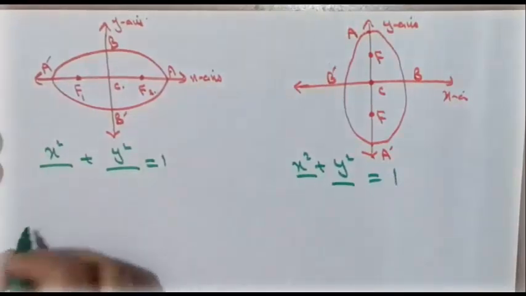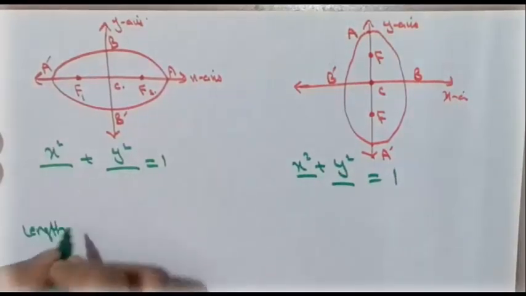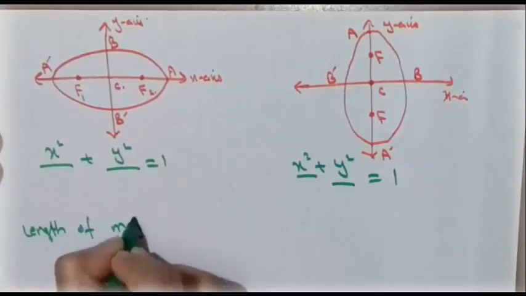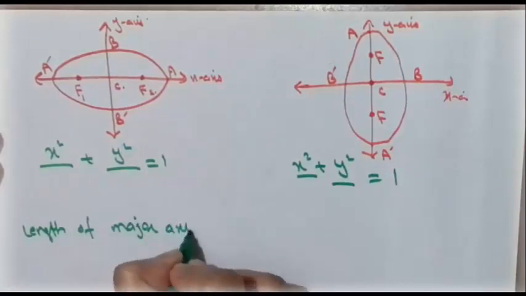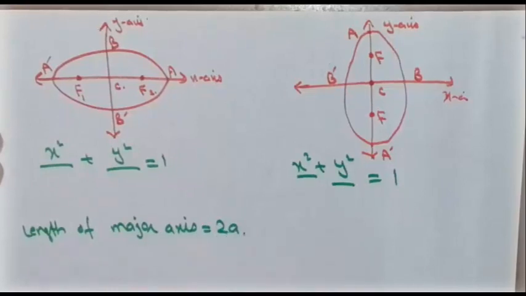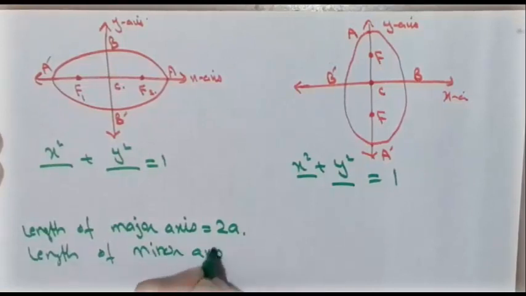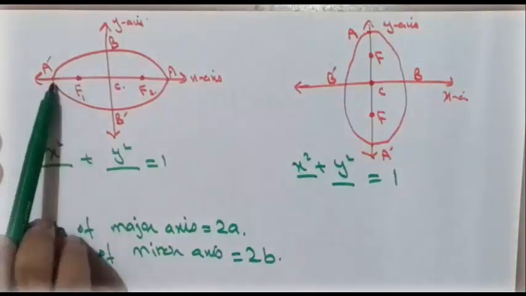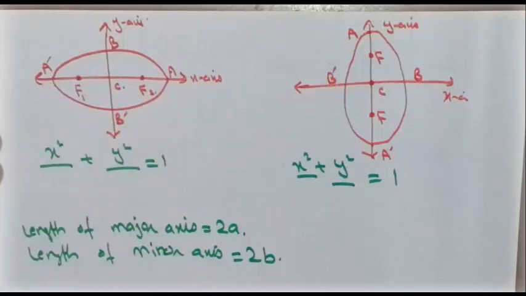Always remember one thing, that the length of the major axis in any case is always 2a, and the length of the minor axis in any case, meaning any one of these cases, equals 2b. So this defines the equation, meaning here the major axis is on the x-axis, so the length of the major axis is 2a.